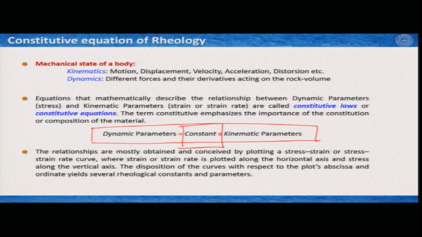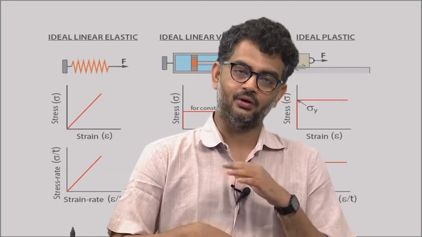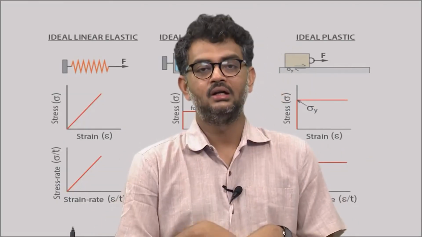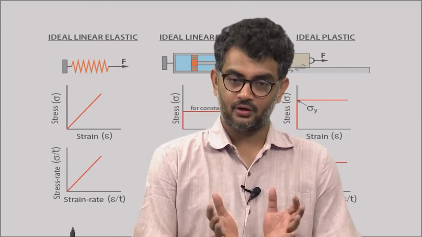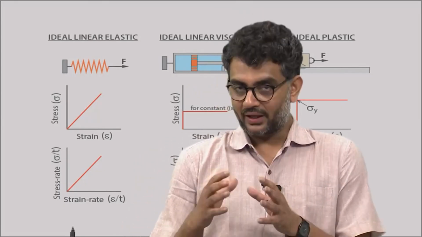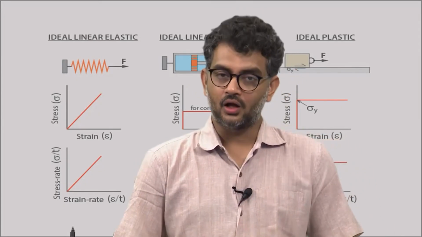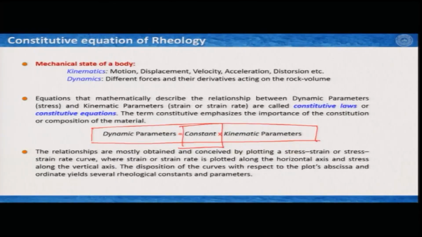So, they are seen in the form of stress strain or stress strain rate curves, where strain or strain rate is plotted along the horizontal axis and stress is plotted along the vertical axis. And from the disposition of the curves, the different orientations and the different ways they appear within the framework of the stress strain or stress strain rate plot, one can figure out the rheological properties or rheological constants for that particular deformation behavior.